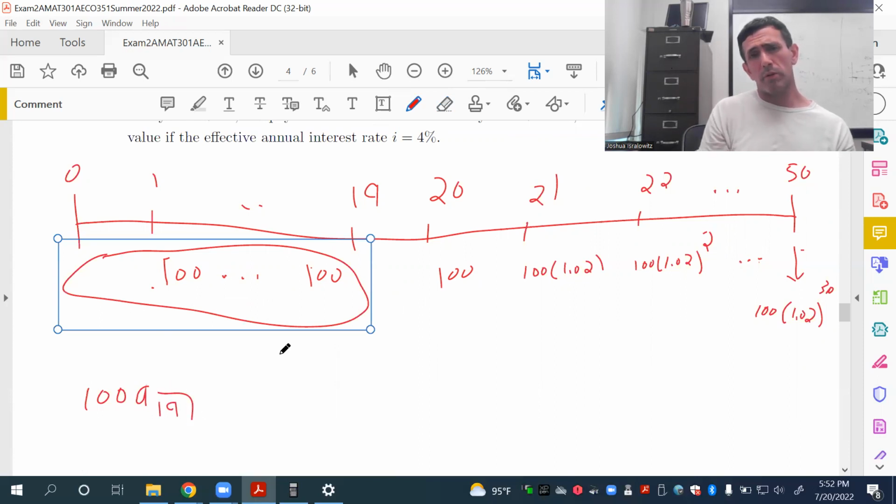You could do 20, but then this geometrically increasing annuity would start at 102. That would be the starting payment, 102. Interest throughout this entire annuity is 4%. Okay, so right, we've taken care of these payments.